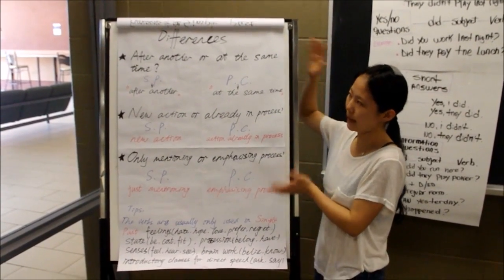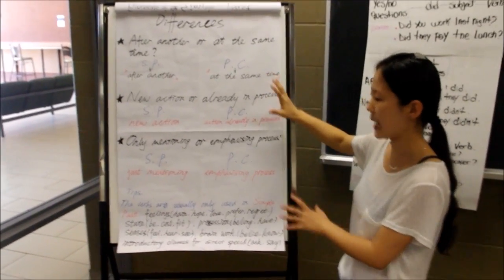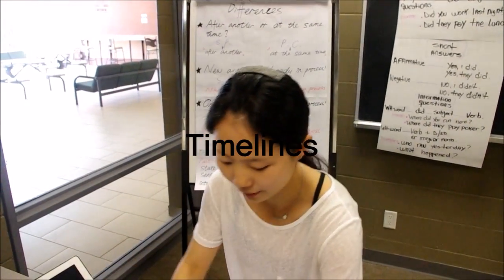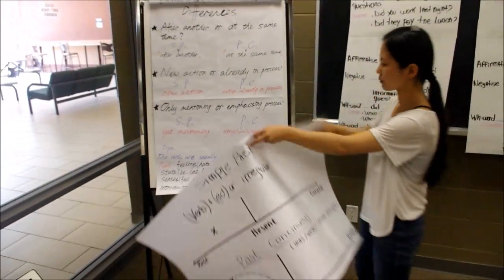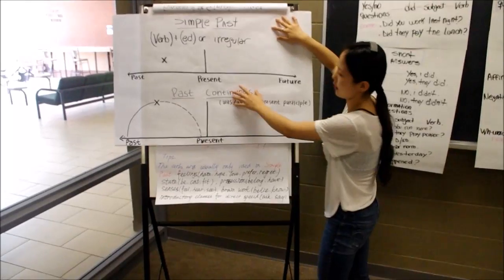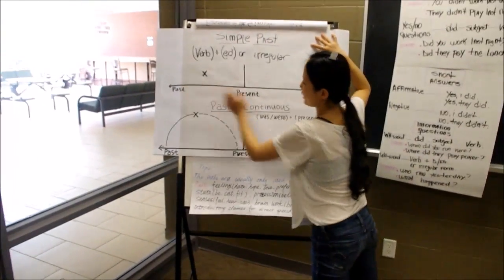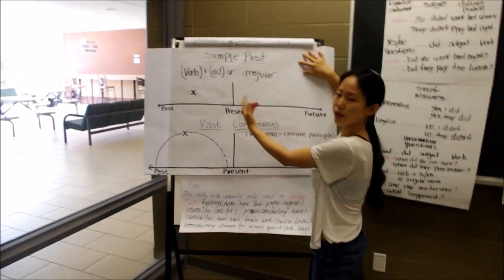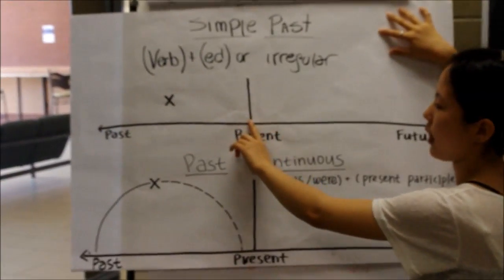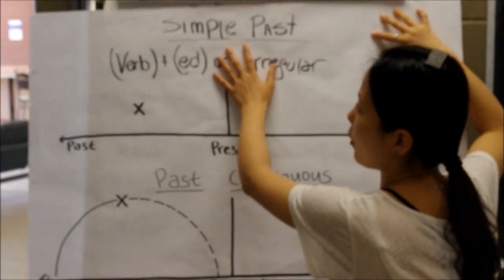So these are the basic differences for these two tenses. But there is another difference. It's about the timeline for these two tenses. Simple past tense is to talk about something that happened in the past. Here is the present, right now when we are talking. If you want to talk about something that happened before this moment, we should use the simple past.